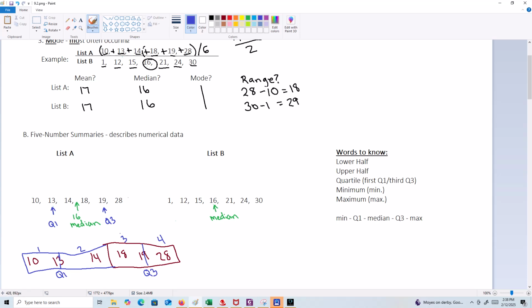So we've marked 19 as our third quartile. And then our minimum number is 10, and so we'll mark it as the min. And 28 is the max. It's the greatest number, the maximum number. Everything to the left of the median is the lower half.